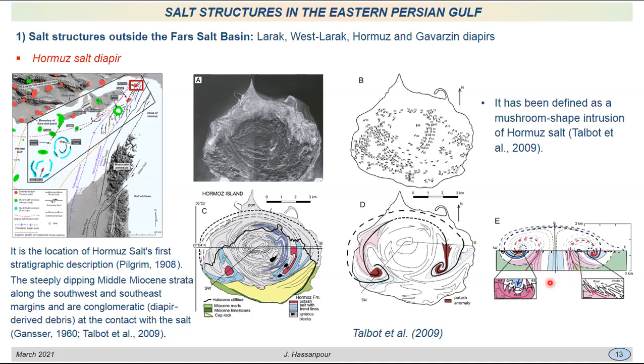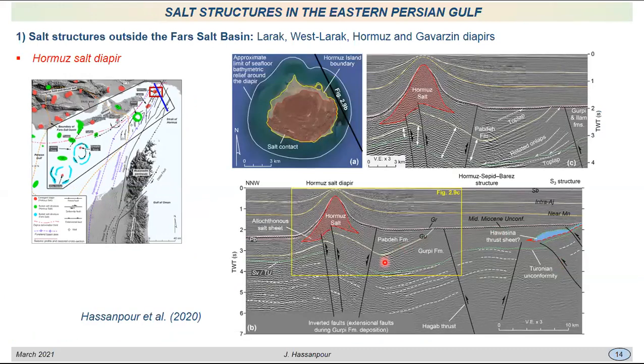The other point is that according to this cross-section, along this line of section, this diapir has been defined as a mushroom-shaped intrusion of Hormuz salt by Talbot and his colleagues, with the greatest extent of the salt at surface. But let's have a look at the seismic data to see what this diapir really looks like in the subsurface.